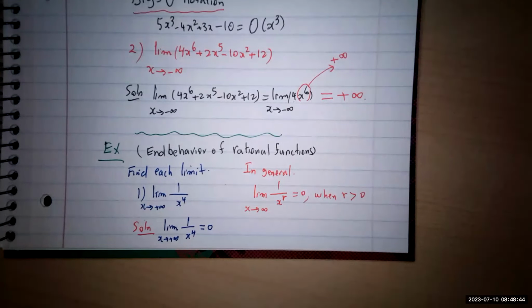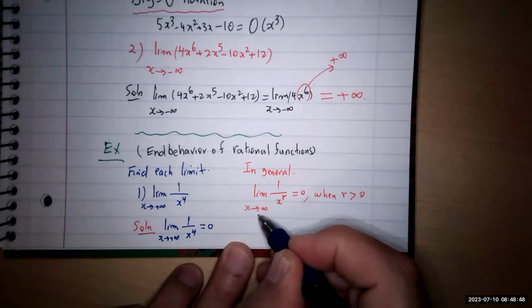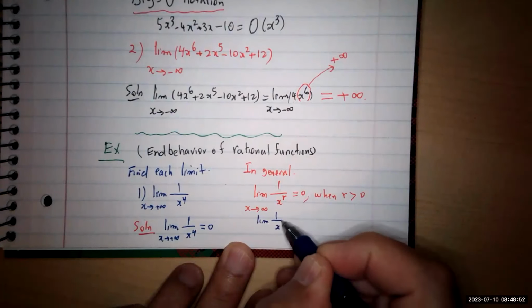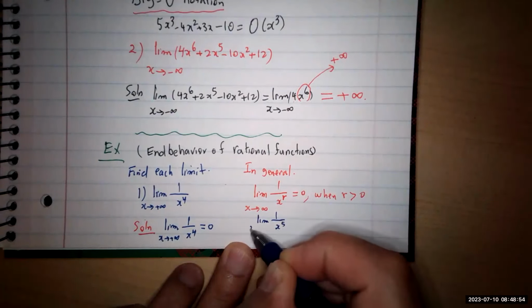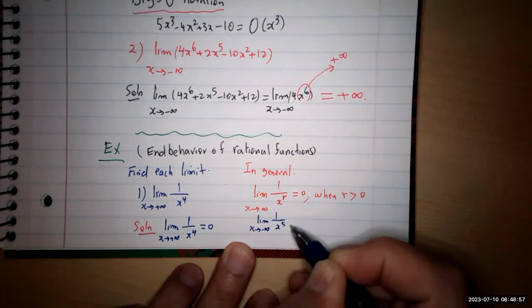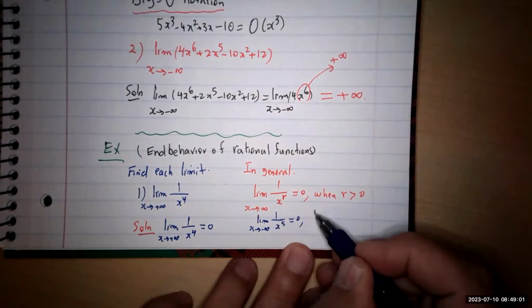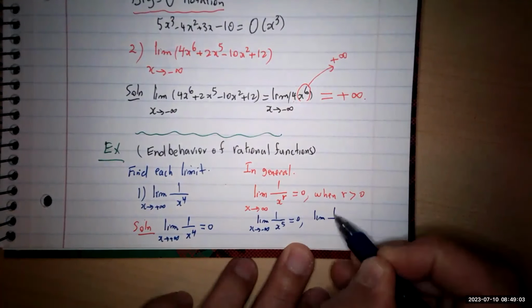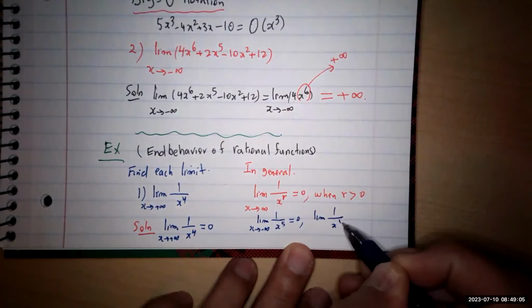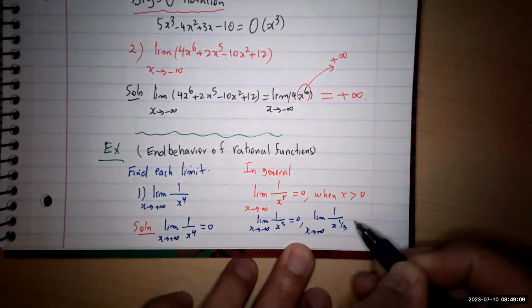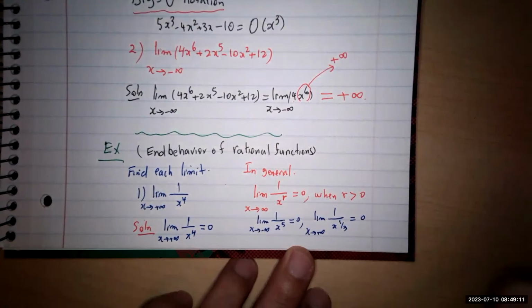And then we're done. It doesn't matter what power you have. For example, the limit of 1 over x to the 5th as x goes to negative infinity is 0. The limit of 1 over x to the 1/3 as x goes to positive infinity is also 0.